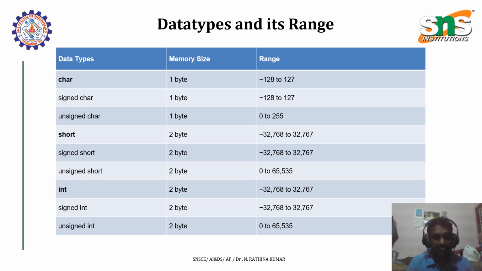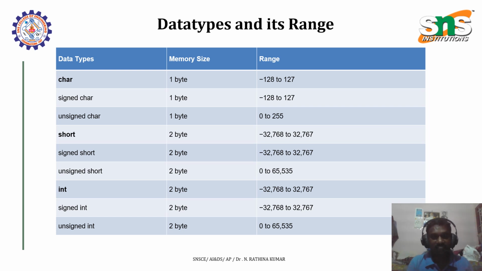For the integer, there may be two types: the signed integer and the unsigned integer. The size of both signed and unsigned integer is the same, but see the ranges in the third column, it differs. For example, for an unsigned integer the range is 0 to 65,535.